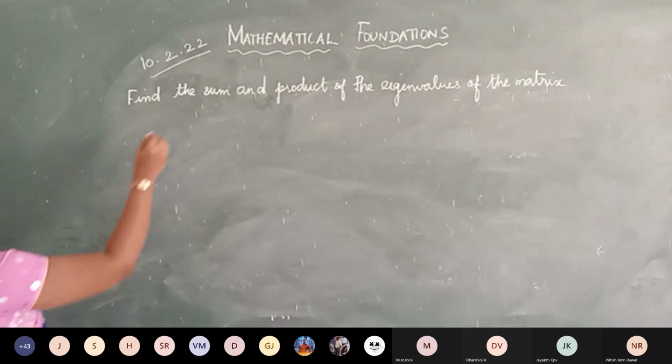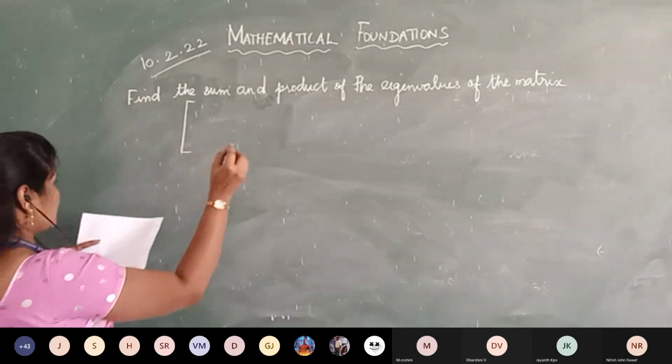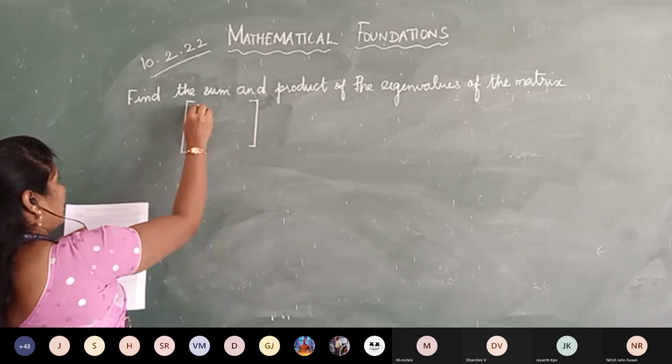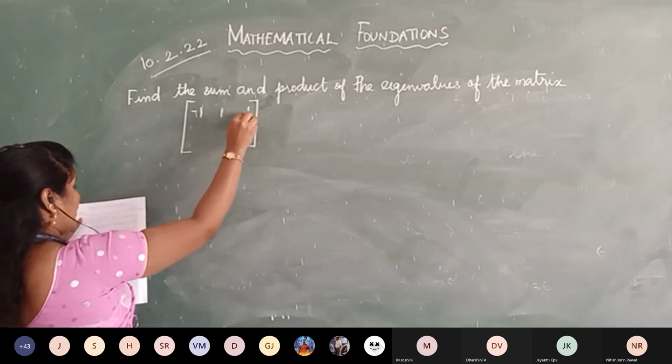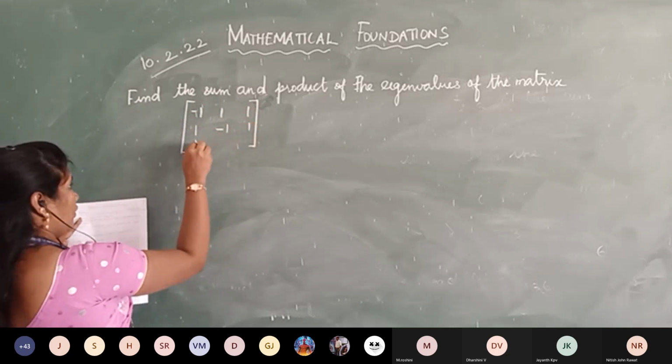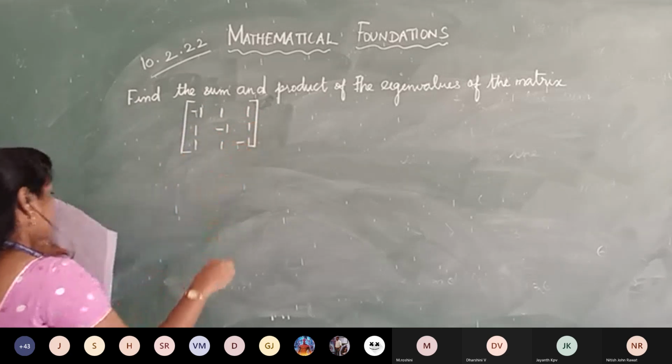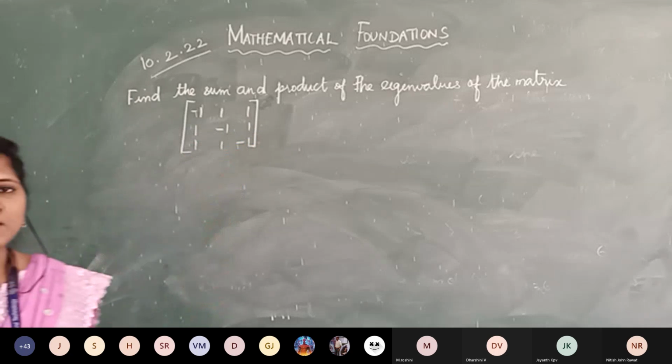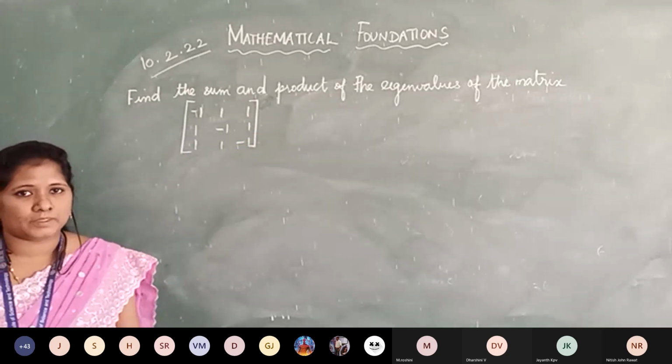In the question they've asked to find the sum and product. A 3 cross 3 matrix is being given: -1, 1, 1; 1, -1, 1; 1, 1, -1. So this is the given matrix. They've asked you to find your sum and your product.